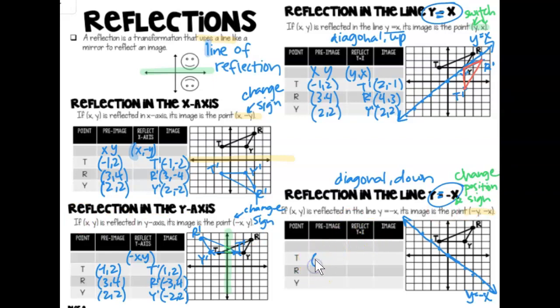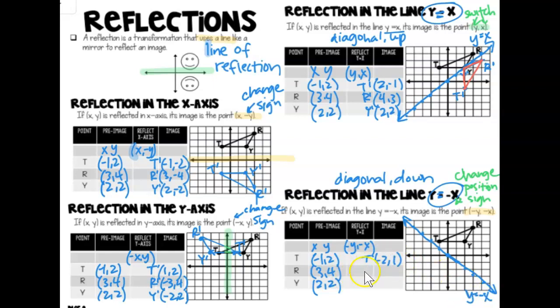Okay, so again, writing down our points, same points for each example. This time I'm going to take my y, change the sign, take my x, change the sign. So my y here, 2, I'm going to change the sign to -2, write it first, and then my x here, -1, I'm going to change the sign, write it second.